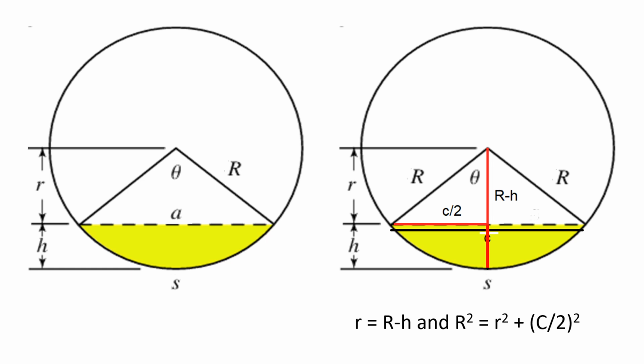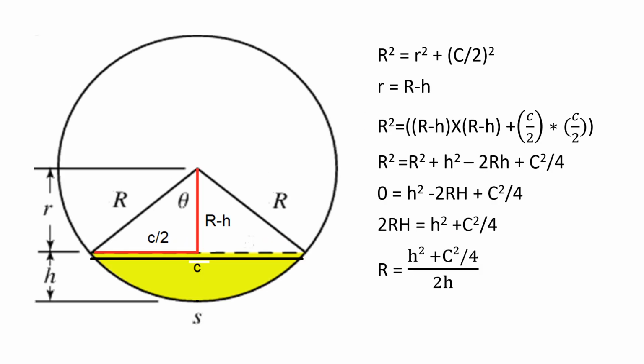H and r. h equals the neck depth, and r equals the radius of the circle minus h, the neck depth. As per the Pythagoras theorem, we know square of R equals square of r plus square of C divided by 2. We know r is equal to R minus h.